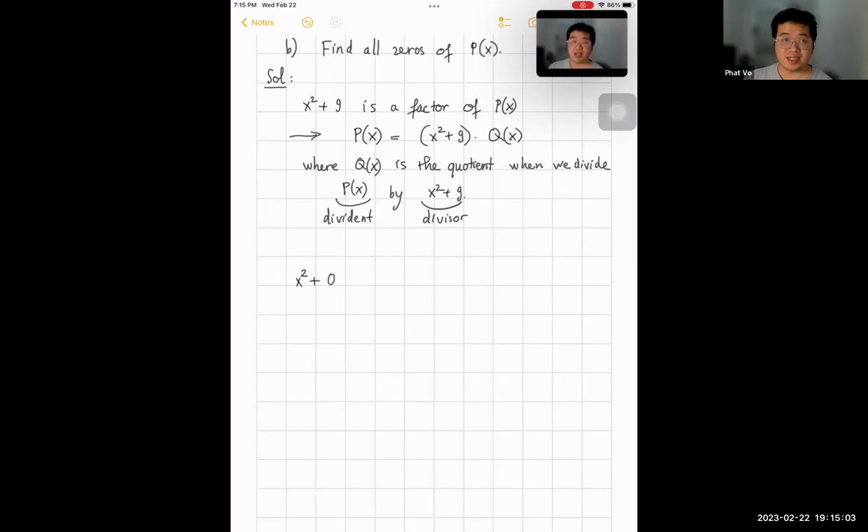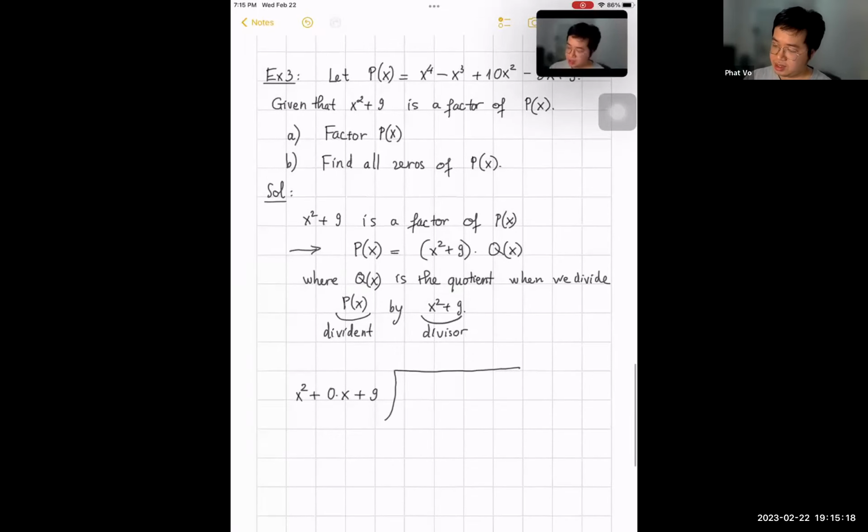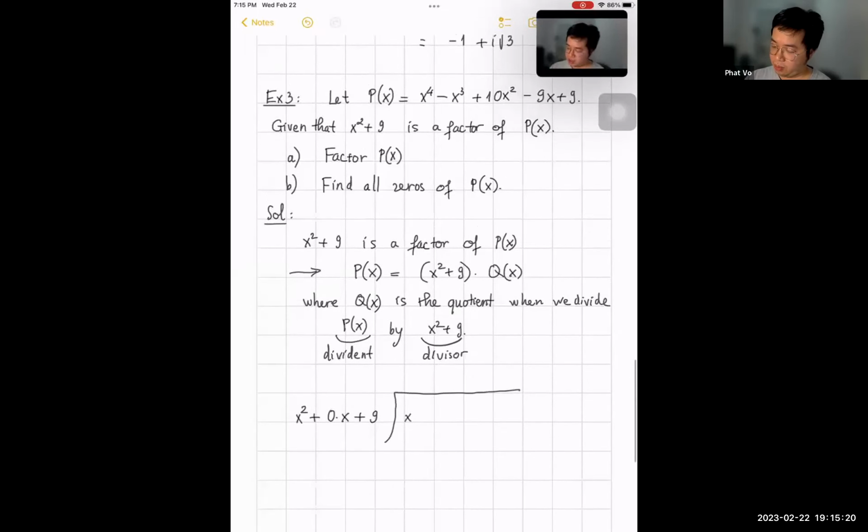Because we don't have x, I write 0 times x plus 9 on the left. That is the divisor. And the dividend on the right is this polynomial, x to the fourth minus x cubed plus 10x squared minus 9x plus 9.